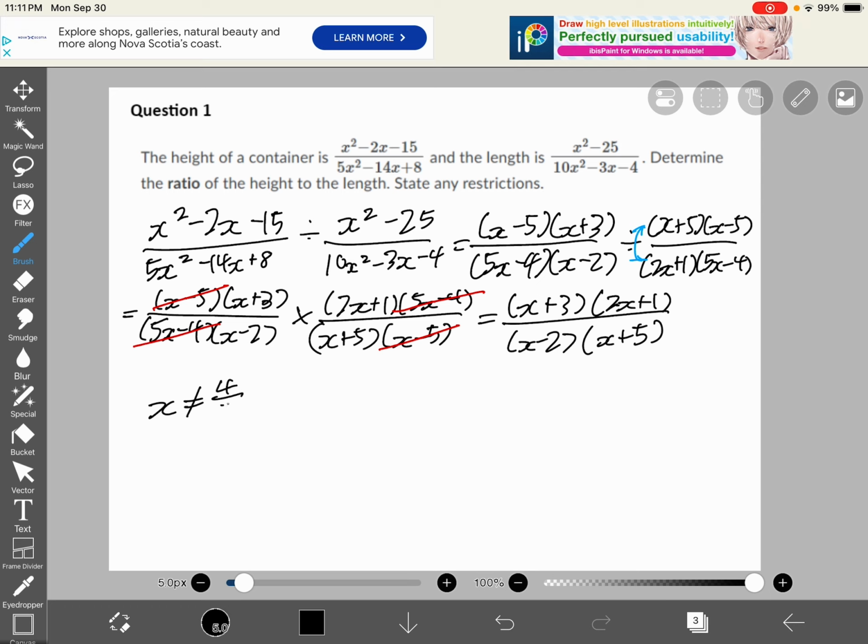Because if you multiply by 5, it becomes 4, and then 4 minus 4 equals 0, which is not allowed. Next, x cannot equal 2, then negative 5, because x plus 5, and then x minus 5, which is 5. So these are all the restrictions. Okay, on to the next one, I guess.